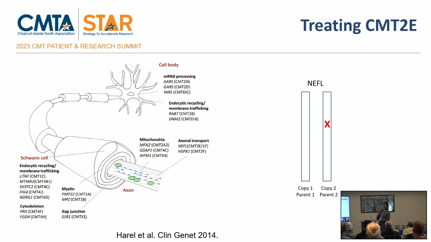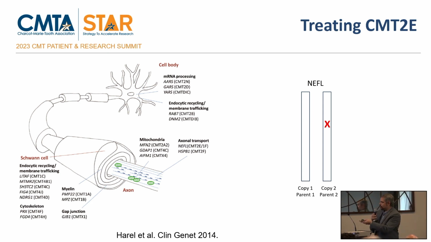So one approach that we are exploring with other groups is what happens if we just turn off the bad copy and keep the good copy working. So that's basically, in simple terms, what our approach is, and Dr. Conkling's group with the CRISPR approach is. It's basically silencing, as specifically as possible, the affected copy of a gene causing CMT2.